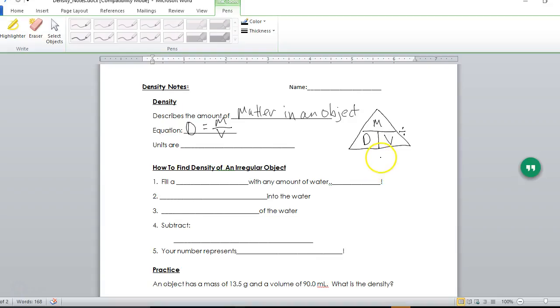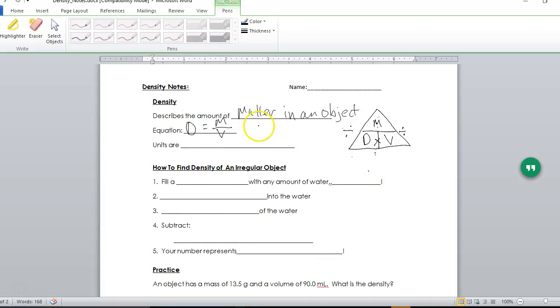If the problem has you solve for volume, cover up the v, you see m over d, which means you're going to do the mass divided by density. If you're solving for mass, cover up mass, and you see the d is next to the v, that means you're going to multiply. Density times volume would equal your mass.